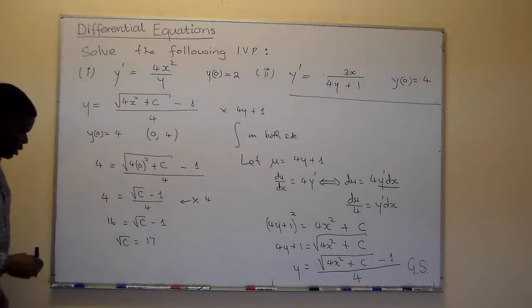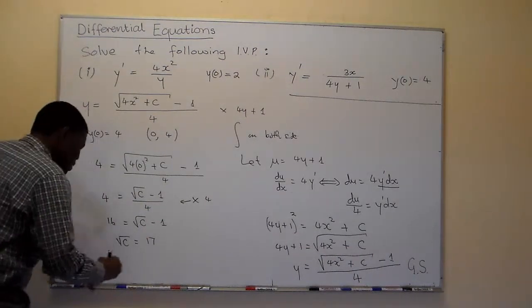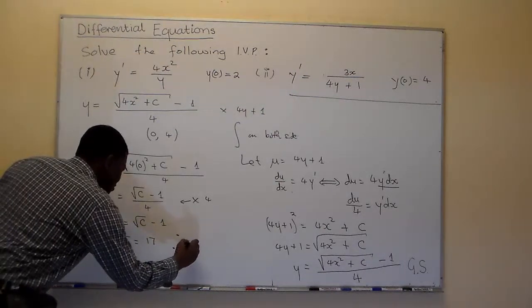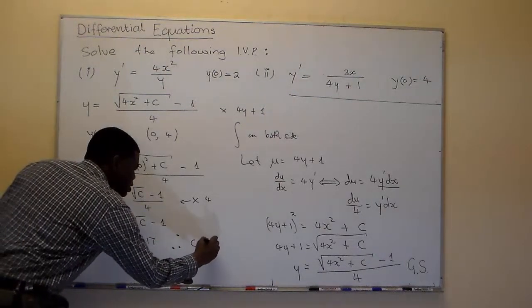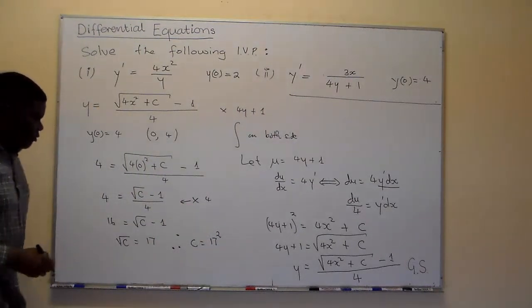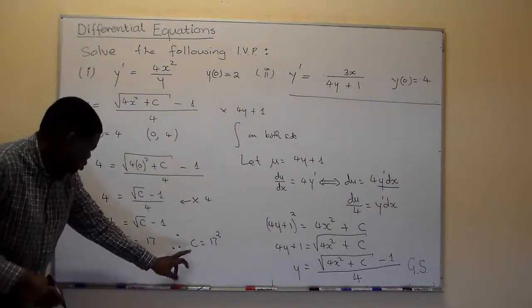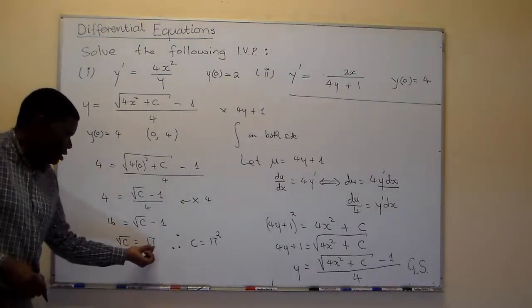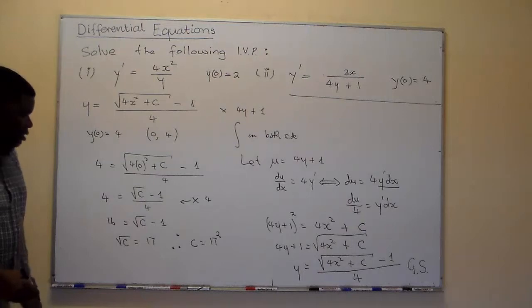If our calculations are correct, then c is going to be equal to 17 squared, because we square both sides here to get c.